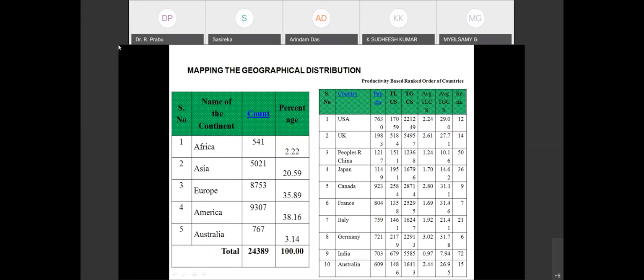So looking at wind energy, we can evaluate and analyze that America dominates the area of wind energy; they are publishing more papers. Further, we can also classify by country and place the ranking also, to see which country has produced more.